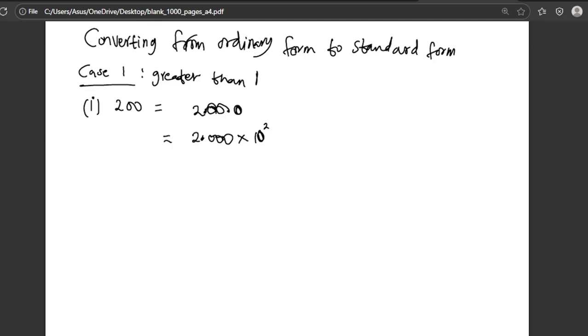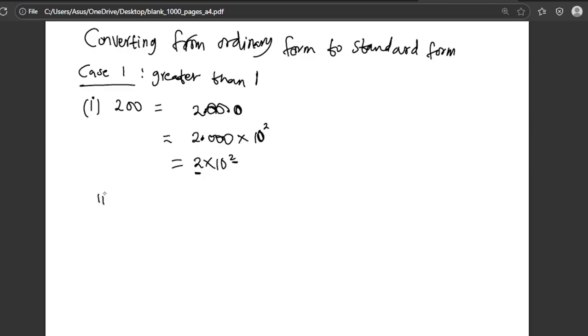Why is it positive? Positive because the number we converted is greater than 1. 200 is greater than 1. That's why we have a positive power. And that's 2 times 10 raised to power 2. That is standard form. You can see it fulfills the 2 conditions. The 2 we have here is between 1 and 10, right? And then the power here is an integer.